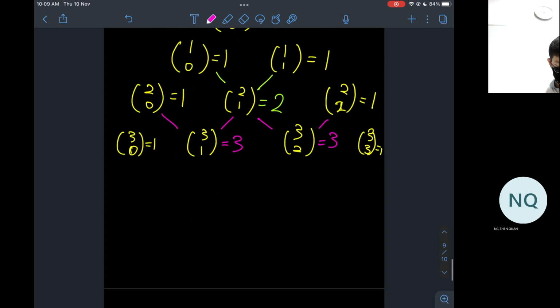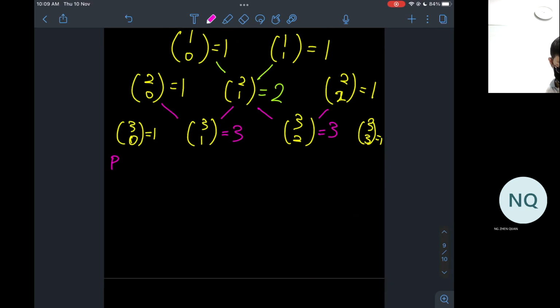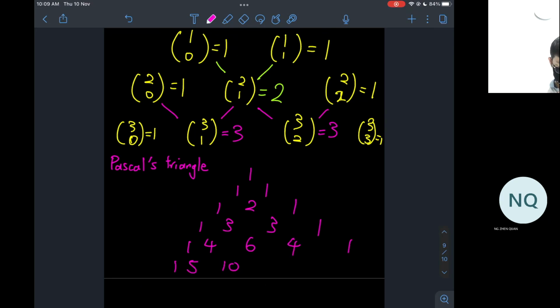So this is actually called the Pascal triangle. You can write out the Pascal triangle really quick: 1, 1, 4, 6, 4, 1, 1, 5, 10, 10, 5, 1, 1, 6, 15, 20, 15, 6, 1.